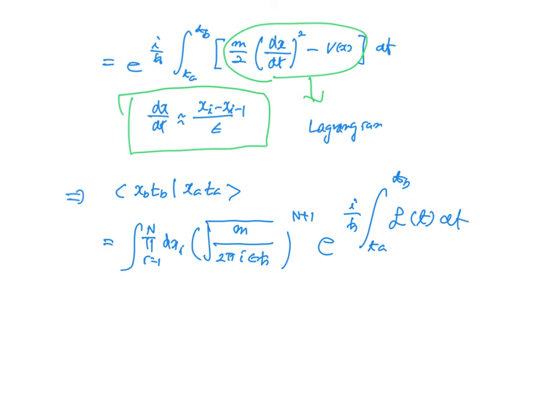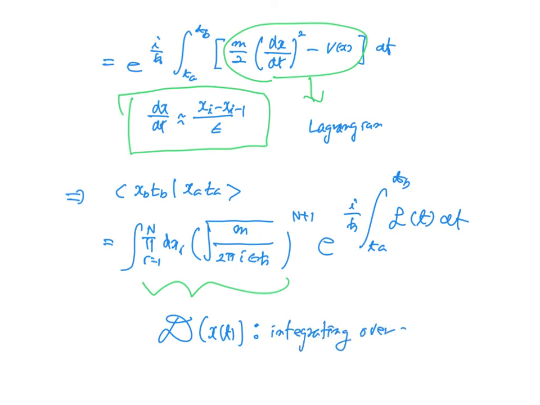And we call this part a path integral, integrating over all paths. So this way, Dx of t means integrating over all paths. So we will stop here today, and next time we will consider the special cases.